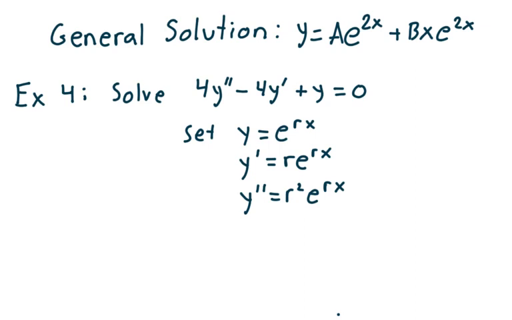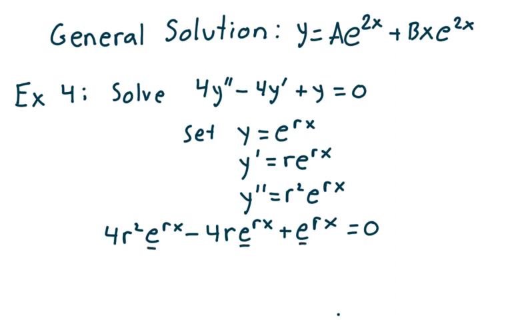I'm going to make my substitution, replacing y double prime with r squared e to the rx, so I get 4r squared e to the rx minus 4, replacing y prime with re to the rx, so minus 4r e to the rx plus e to the rx is equal to 0.